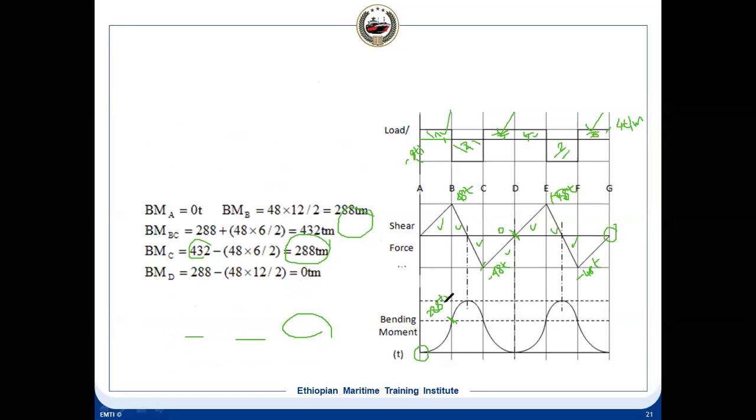And then BMC, we can find out, that is this area plus this area. Now what will happen actually? We'll have to find out the values here. In between there will be a value, because that will be the maximum value.